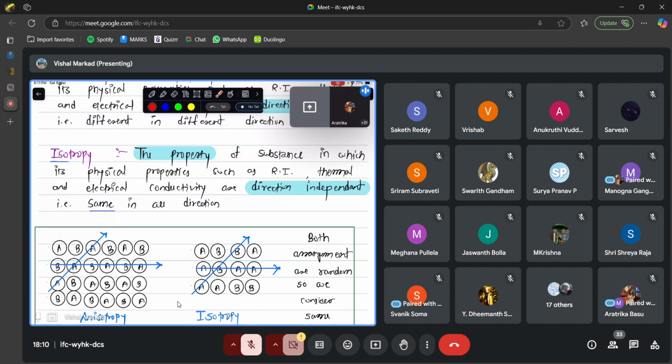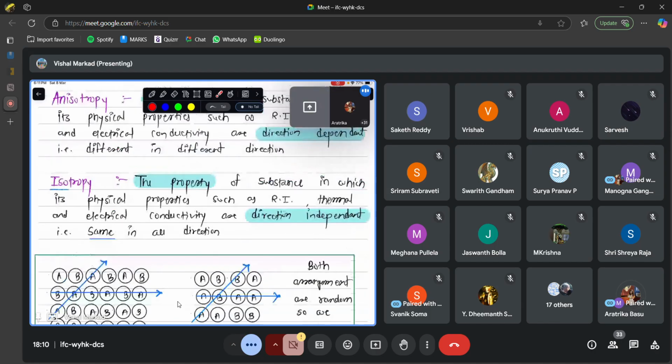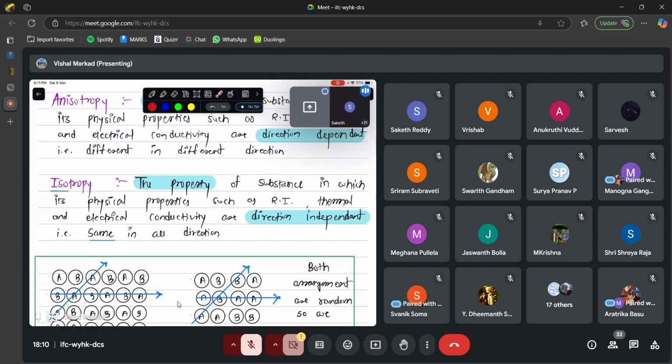Because here we have a B A type of arrangement, and when we go like this, we have an A only type of arrangement. So obviously physical properties like boiling point, melting point, or refractive index can be different. In one direction the property is the same, and if I change the direction, it will become different.